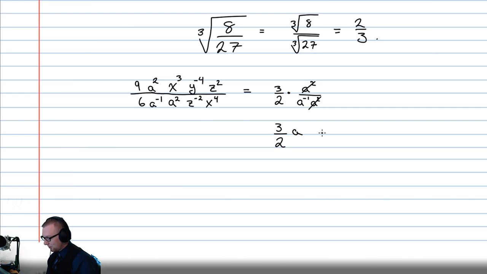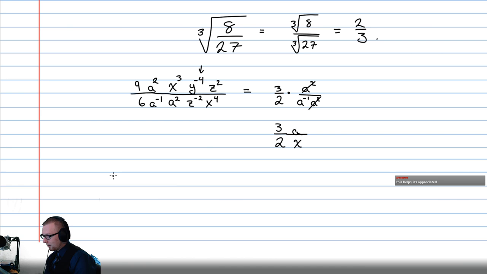Next variable. It will be 1 over x. Good. Next variable. I don't know, but I think y will stay the same. Because there is no other y.